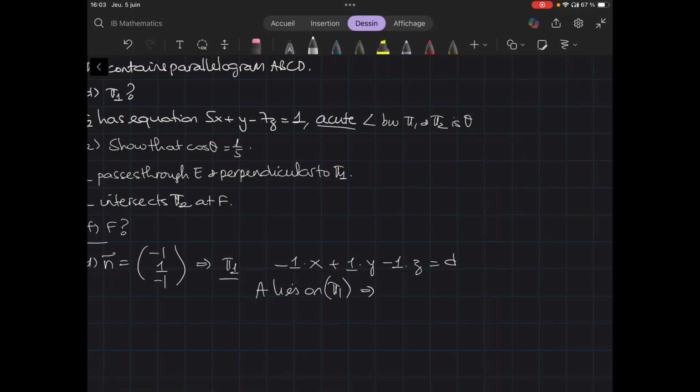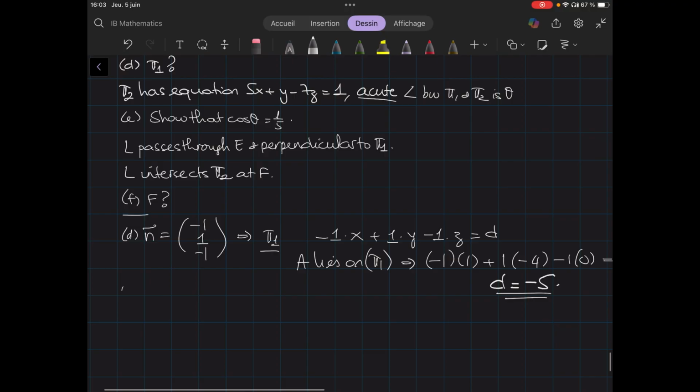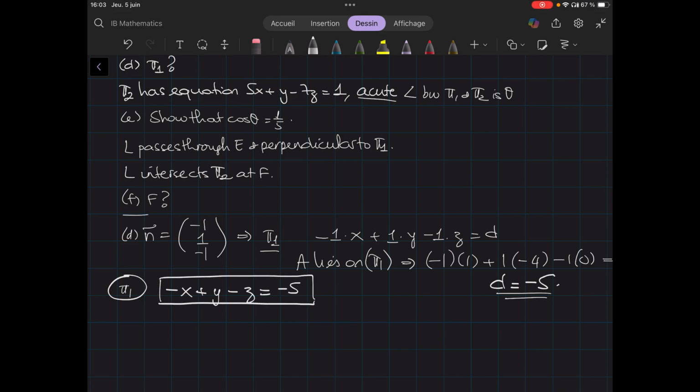So we can just plug in the coordinates of A. X is equal to 1. Y is equal to -4. Z is equal to 0. -1, -4, D is -5. Thus, the equation of pi 1, we can write it more nicely, is -x plus y minus z is equal to -5. Any equivalent answer will be accepted.